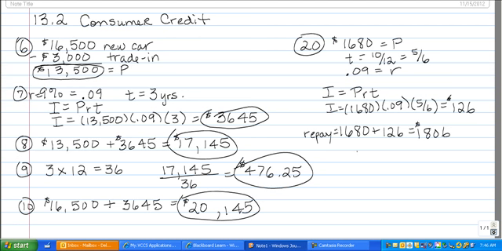Now we need to divide that by the 10 months. So that would be $180.60 per month. Notice this one was more or less some of the same things we did in number 6 through 10. They were all included in that one particular question.